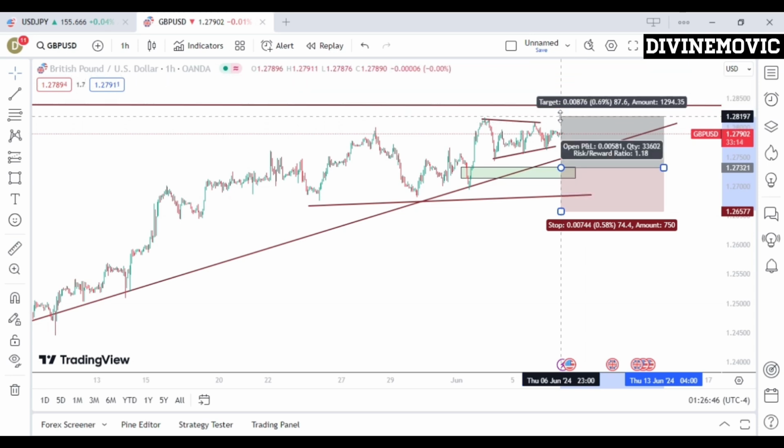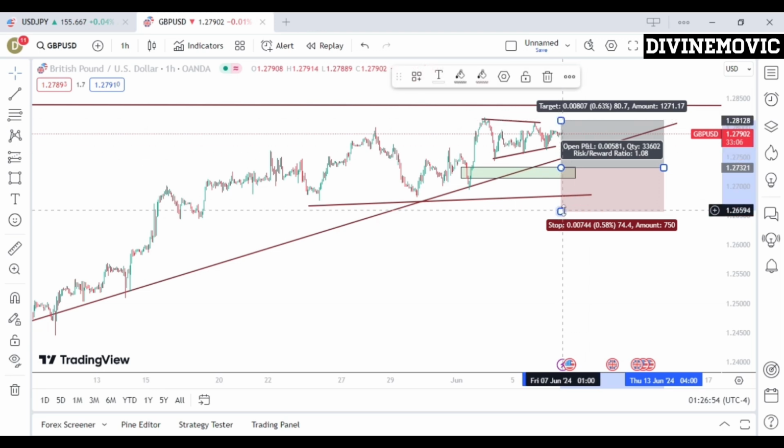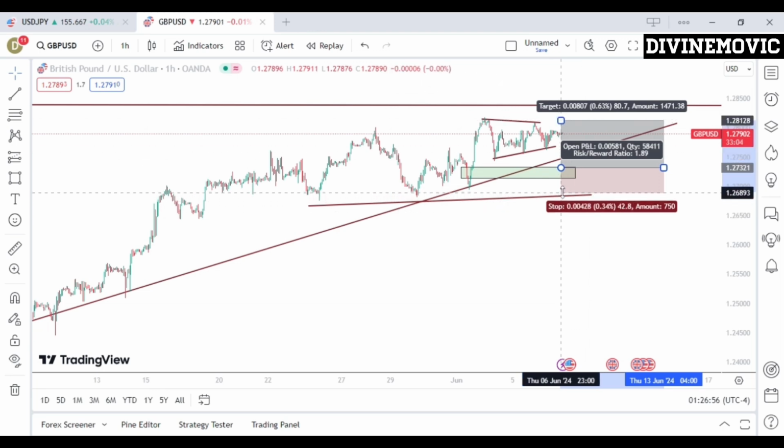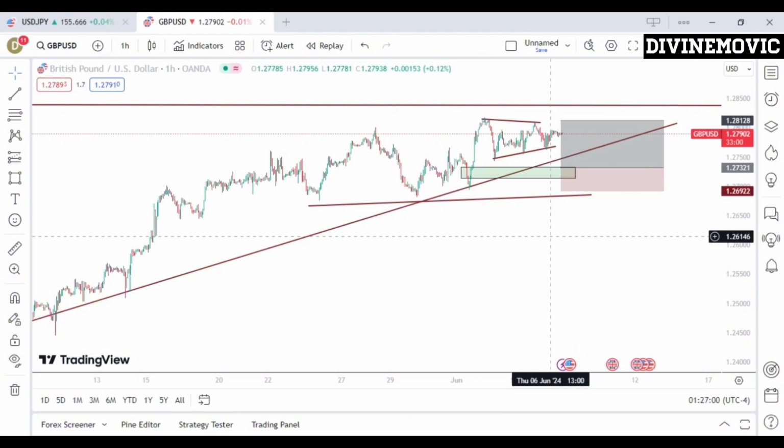But my normal setup or my normal trading style is simply to target this particular liquidity that is here as my TP. My stop loss is going to be above this point here. So basically, this is my setup normally. This is what I look for when I come to the market.